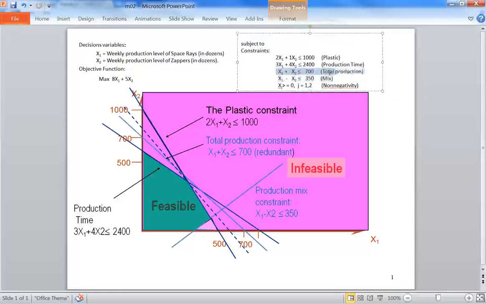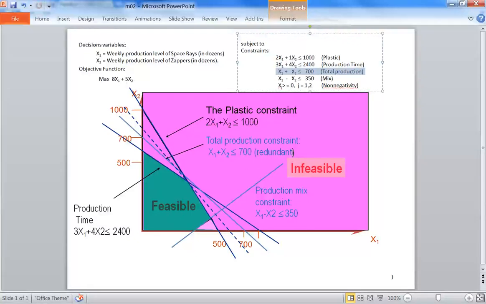The first additional constraint is concerned with total production and corresponds to this line. And the feasible half space is on this side. So notice that this constraint does not further reduce the feasible region because it does not intersect with the feasible region.